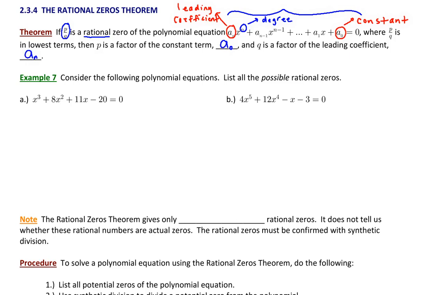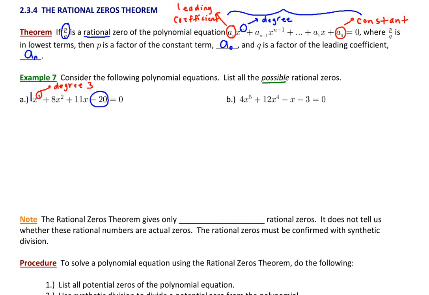Consider the following polynomial equations. List all the possible rational zeros. So first of all, observe, we are working with a degree 3 polynomial equation. So that tells us to expect at most 3 solutions. Now, for our rational zeros theorem, we're going to need to identify the leading coefficient and our constant term.